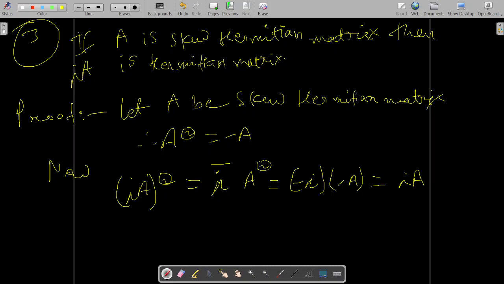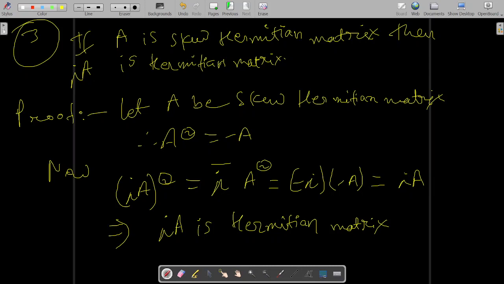Okay, so as IA conjugate has come out to be equal to IA itself, this is clearly a property of Hermitian matrix. So IA is your Hermitian matrix.